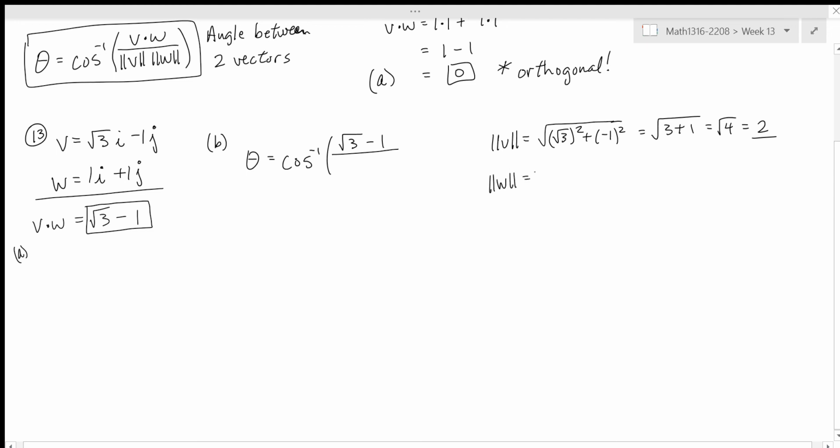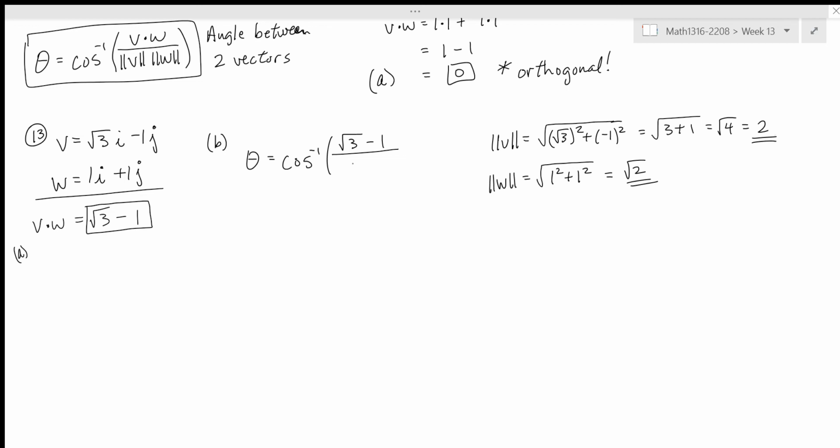And then I need the magnitude of w. Square root of 1 squared plus 1 squared. Square root of 2. And that's not going to simplify. Anybody have any questions? Hello, questions?